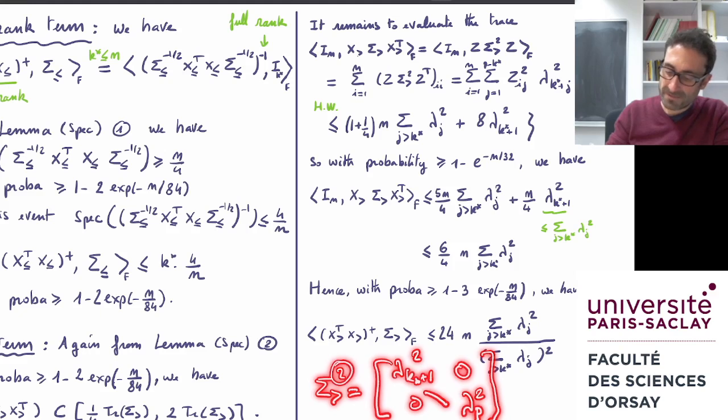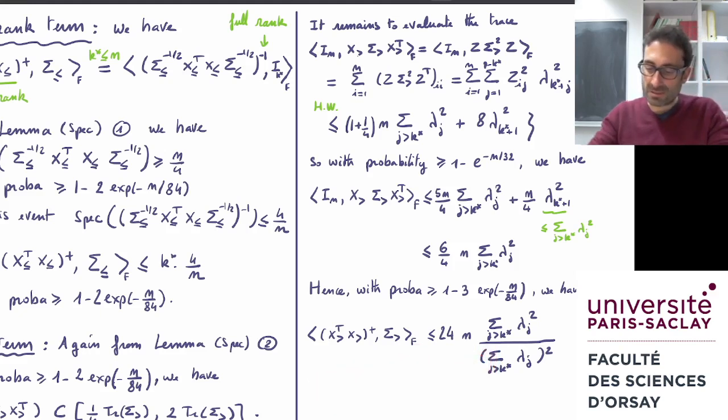So what will be this entry? It will be simply the sum over j of the z_ij squared times this eigenvalue squared.